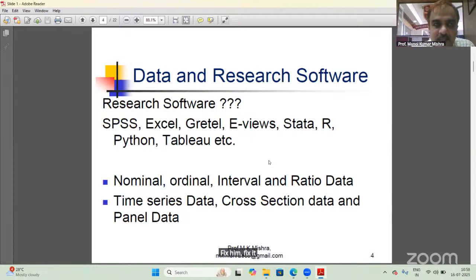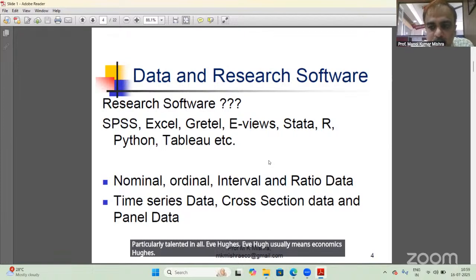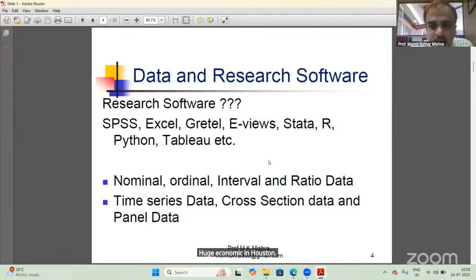By Excel you can also do research. Gretl is a software that is used particularly in econometrics. E-views means econometric views.